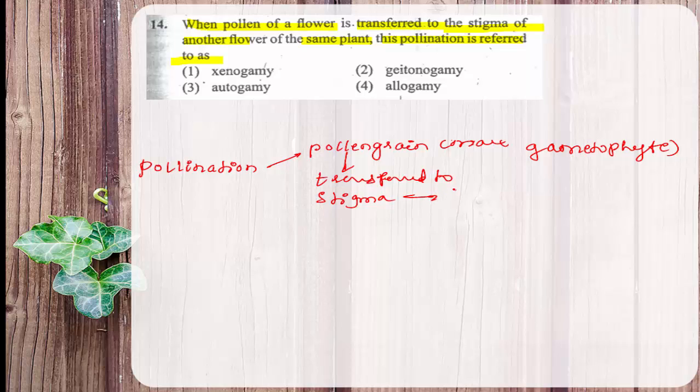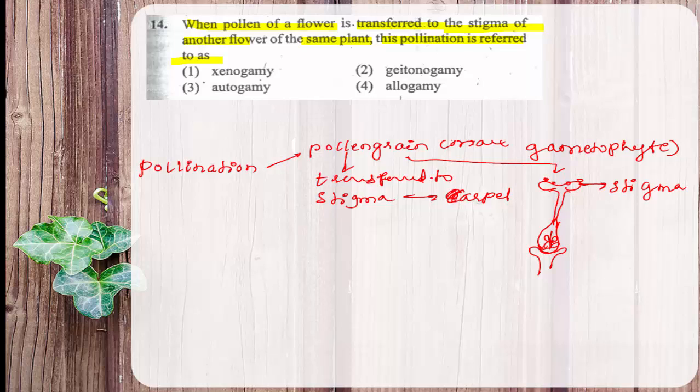Stigma is part of the carpel. See, this is stigma, this one is a style. Inside, style is connected to ovary, and inside the ovary ovules are present, and all these parts are located on the thalamus. This is stigma. When pollen grains are transferred to the stigma, the process is called pollination.